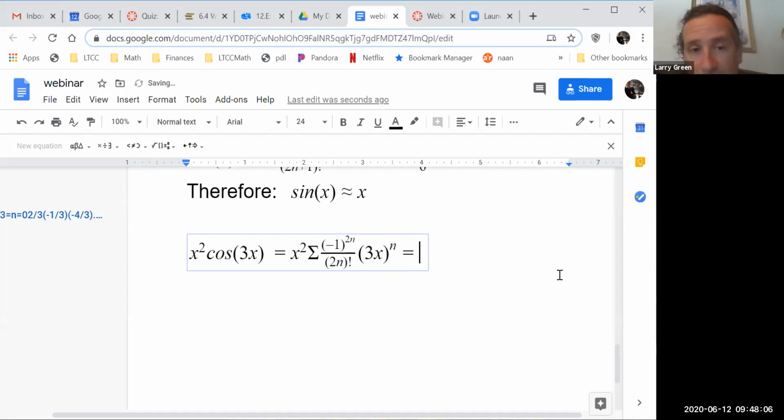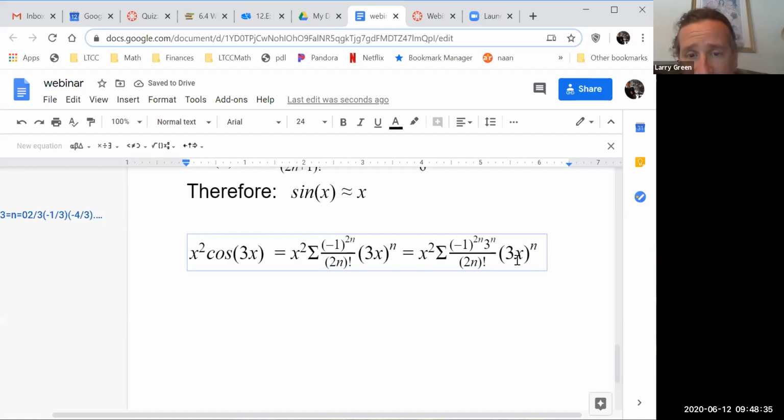Now I can simplify that, and I am going to copy and paste and then adjust, which is a typical math thing. So the -1 to the 2n over 2n factorial, that stays. I could take that 3 and pull that out and put that as the 3 to the 2n up on there. We want to get it away from the x.